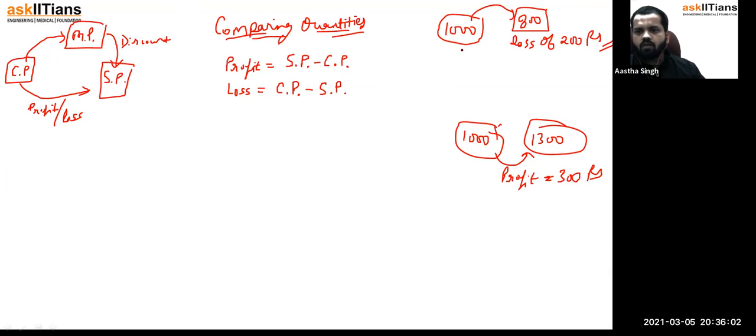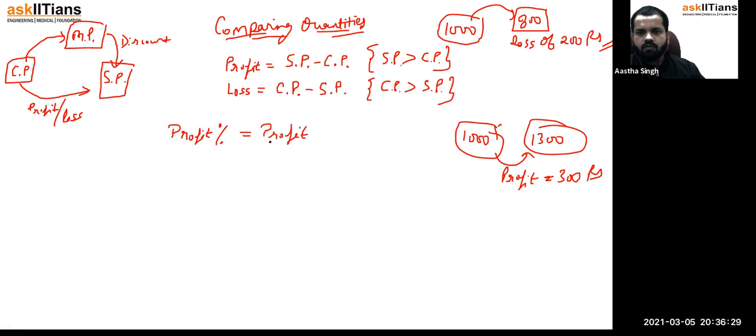In profit, SP is greater than CP. In loss, your cost price is greater than selling price. I think these points are clear. Then comes profit percentage. Profit percentage is calculated over CP: profit divided by cost price, multiplied by 100.